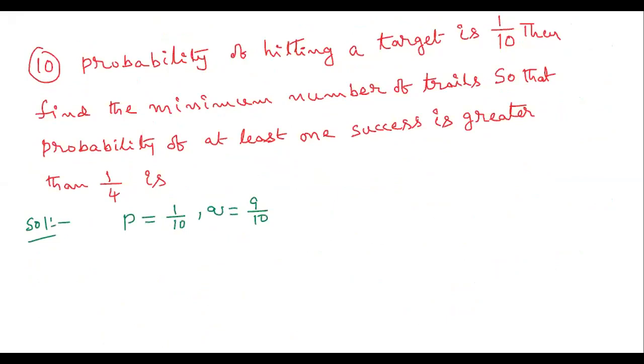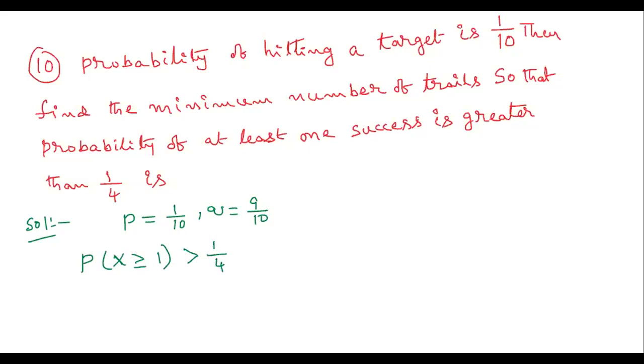Find the minimum number of trials so that the probability of at least one success is greater than 1 by 4. That means the probability of at least one success, x greater than or equal to 1, is greater than 1 by 4.